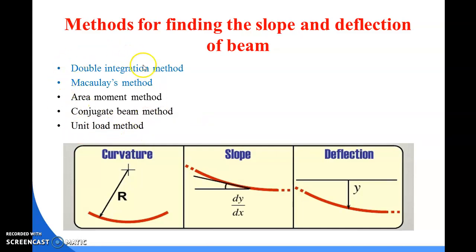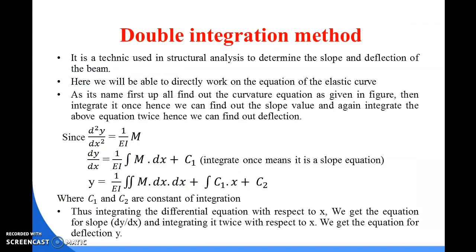Among these 5 methods, we will discuss the first 2, that is the double integration method and Macaulay's method. First of all, we will go for the double integration method.